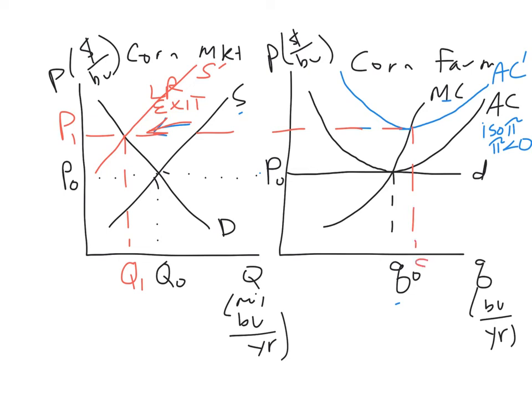Now, maybe there's no such level. We could imagine that there'd be an event where costs rose to the point where this is not a viable sector anymore, and that there'd be no demand at a price high enough to allow farmers growing corn to exist.